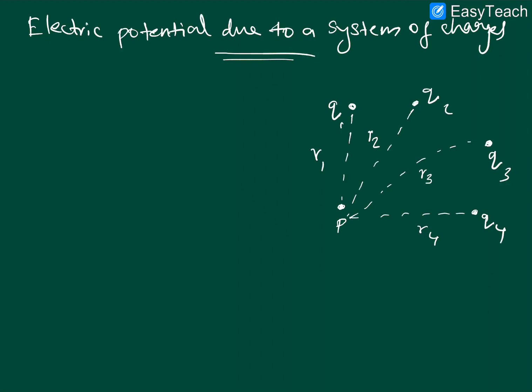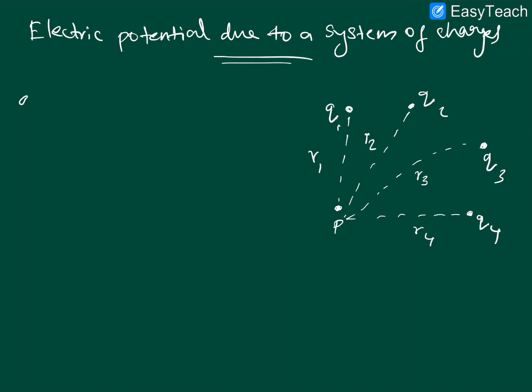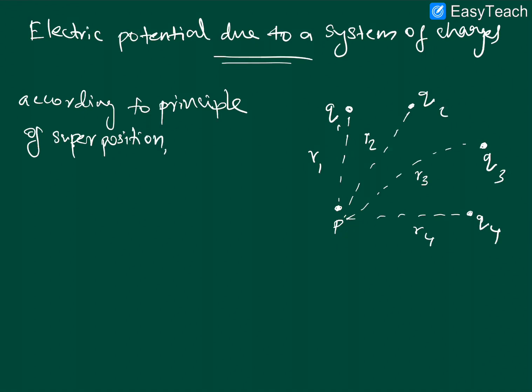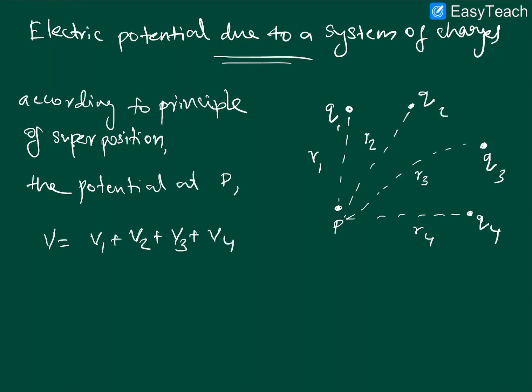So according to the principle of superposition, we can find out the potential at P. Potential at P, V, is equal to V1 plus V2 plus V3 plus V4.